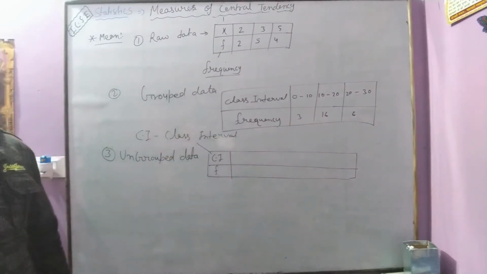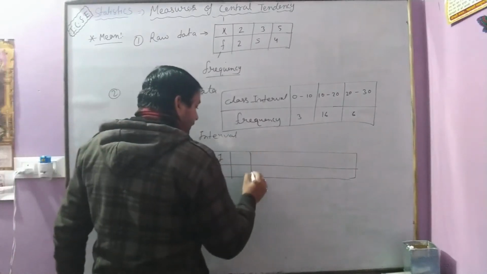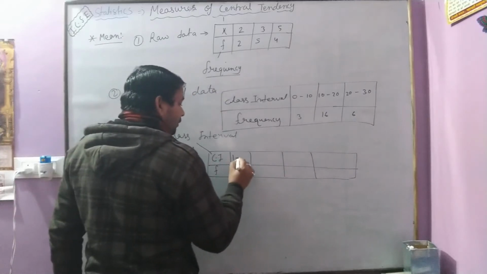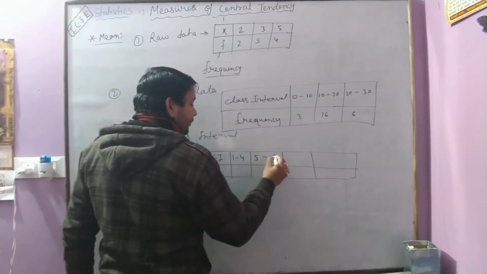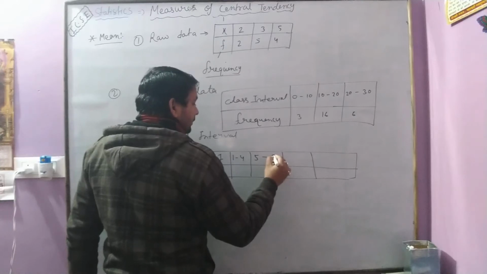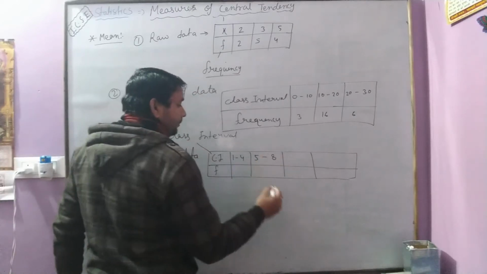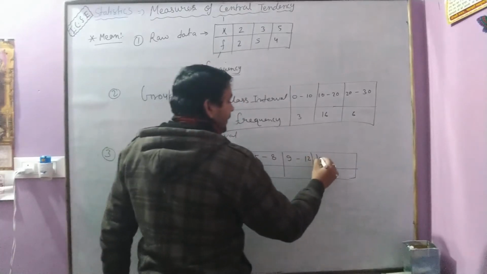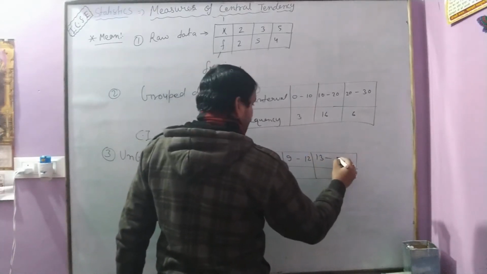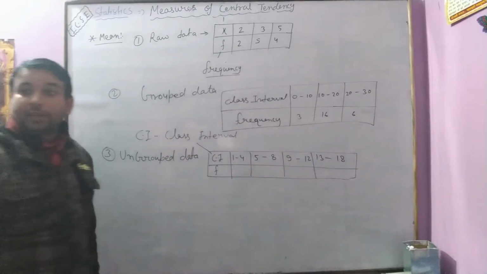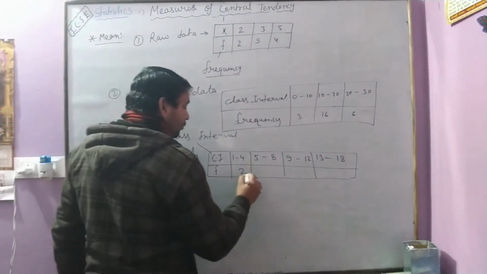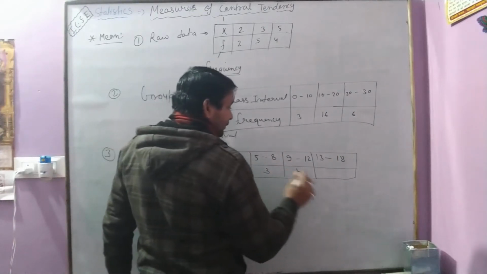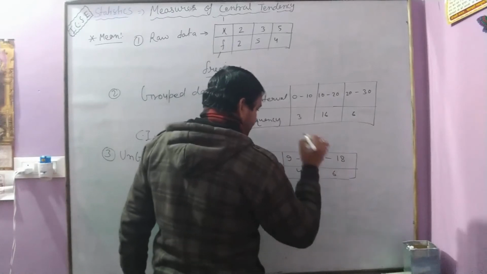Data is given as 1 to 4, 5 to 8, 9 to 12 and 13 to 18, and the frequencies are 2, 3, 4 and 6.